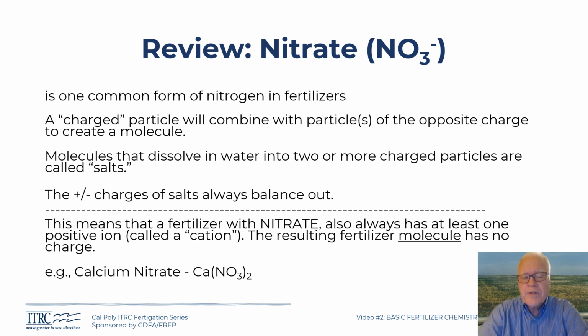Now, calcium has a positive 2 charge, and so its charge is offset by 2 nitrates. That's why you have the subscript 2, because there are 2 nitrates of 1 negative charge each that combine with 1 calcium that has 2 positive charges.